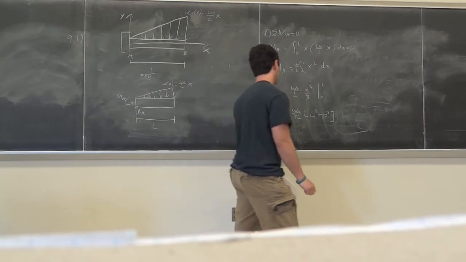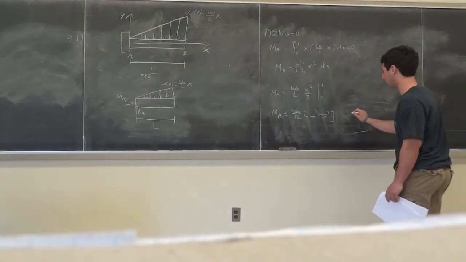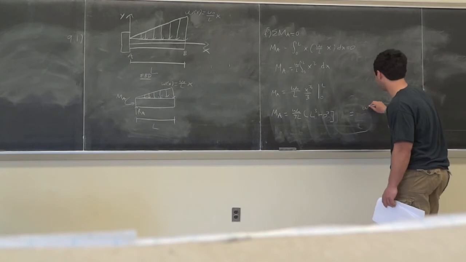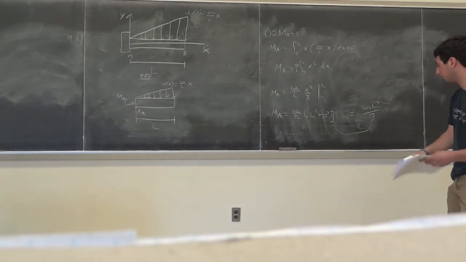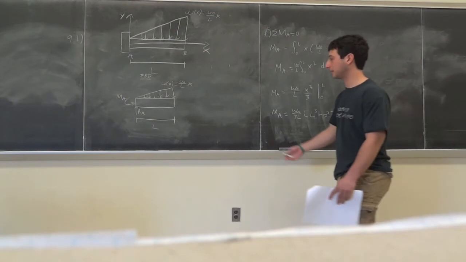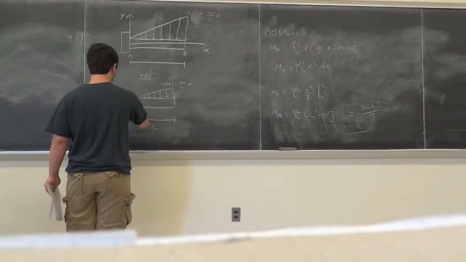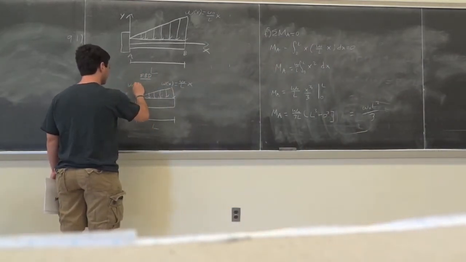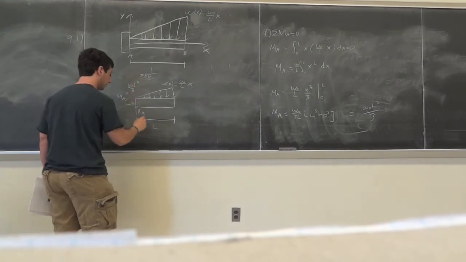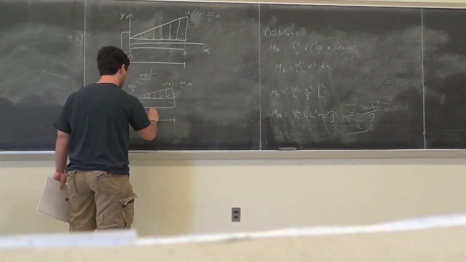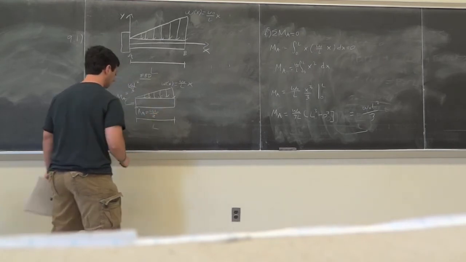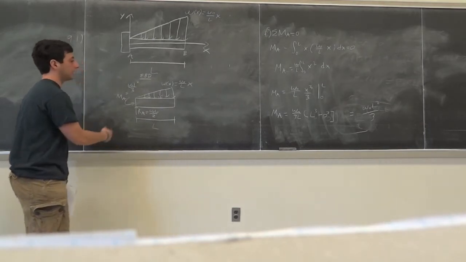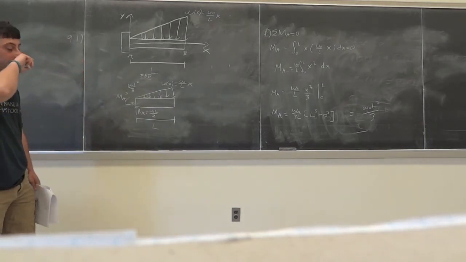Alright, so the L's cancel, so you get W naught L squared over 3. Okay, so we have the reactions at the wall. So this is equal to W naught L squared over 3, and RA was equal to what? It was W naught L over 2. Okay? Alright, so we got the reactions now, and now we want to find the elastic curve.